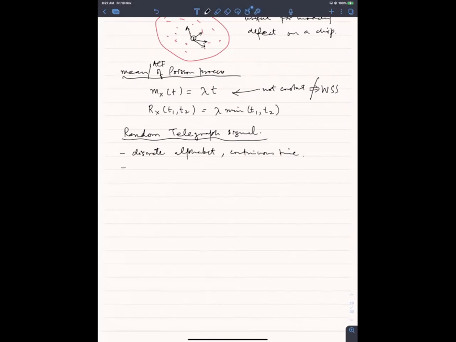So all of those are counts of events. Random telegraph is not the count of the events. However, it is dependent upon the count of the events. So x0, इसमें we take x0 to be equal to +1 or -1 with probability 1/2.